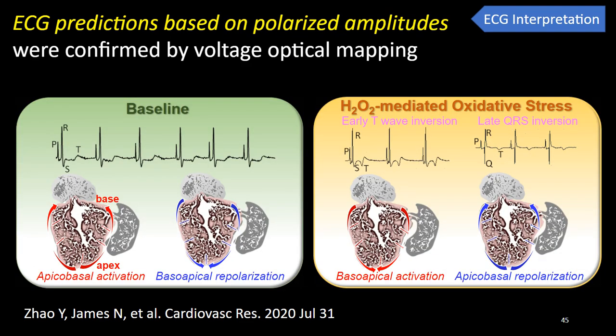These ECG findings help us to predict that H2O2 reverts both the ventricular activation and repolarization gradients, which we later confirmed by optical mapping using voltage dye.